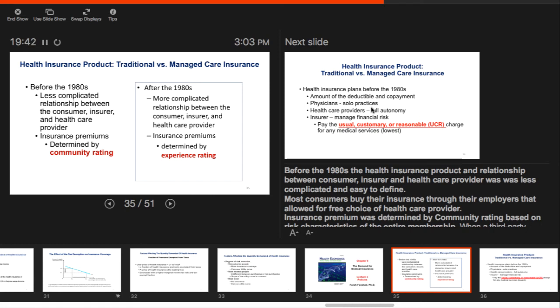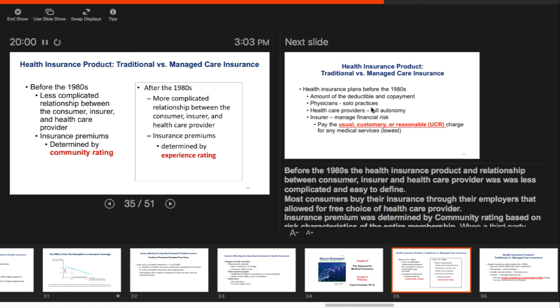But after the 1980s, this relationship between the patients, insurers, and healthcare providers became much more complicated. First of all, the patients had restrictions most of the time on which doctor, the provider, they could choose.